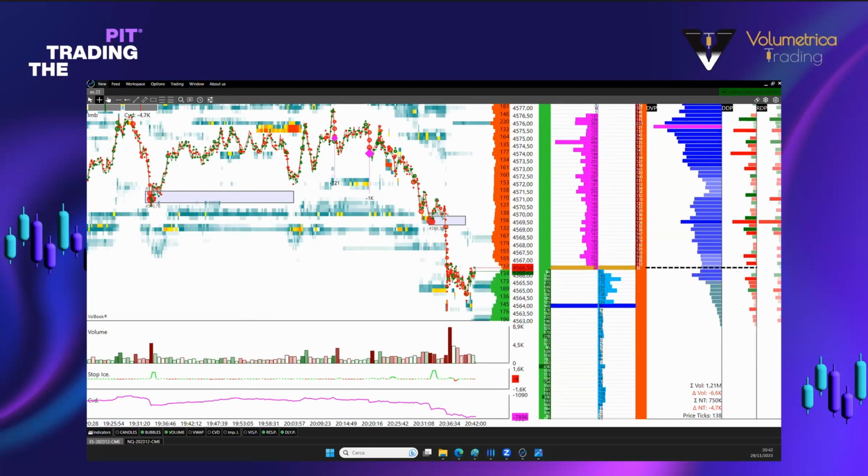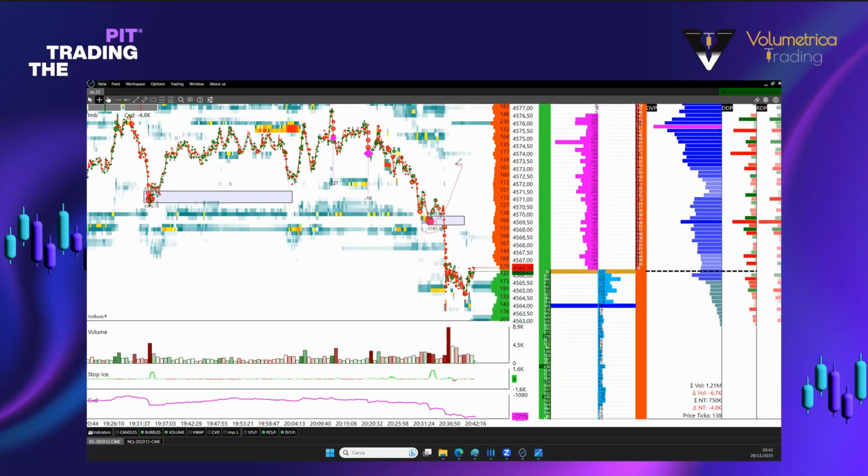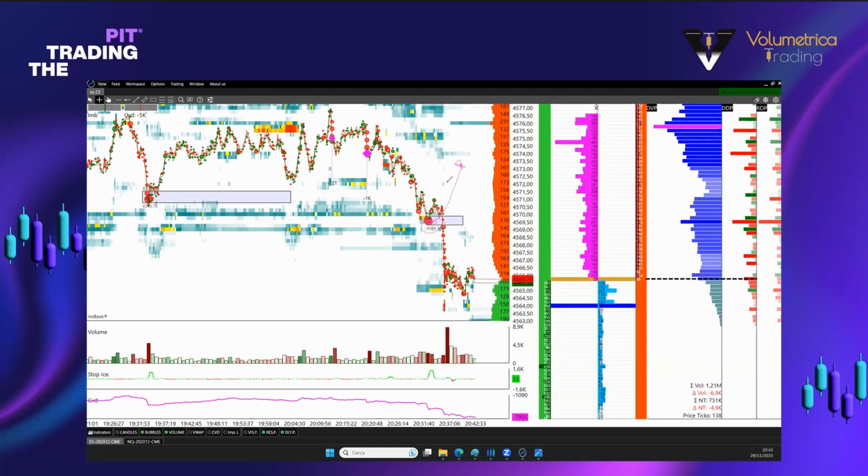A buying iceberg, like in this case, doesn't mean that the market is going to climb 100 ticks immediately after that. Not at all. An iceberg can also be broken, like it happened in this case.